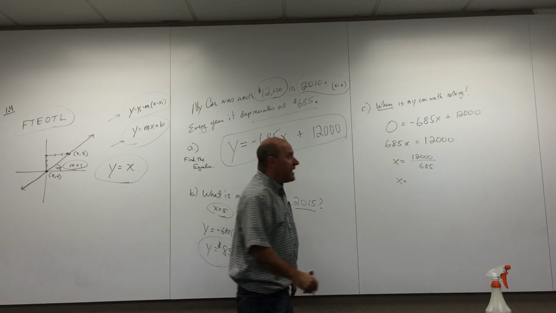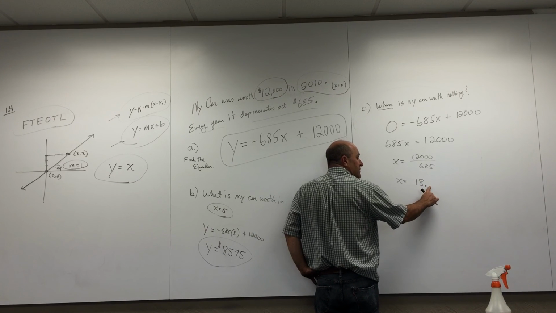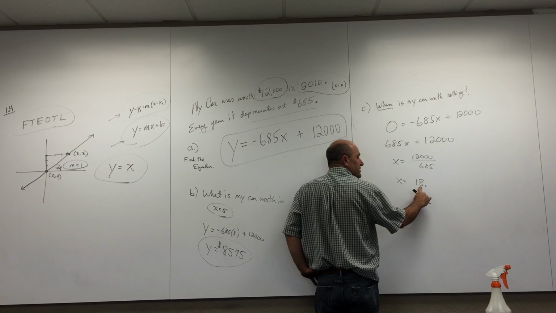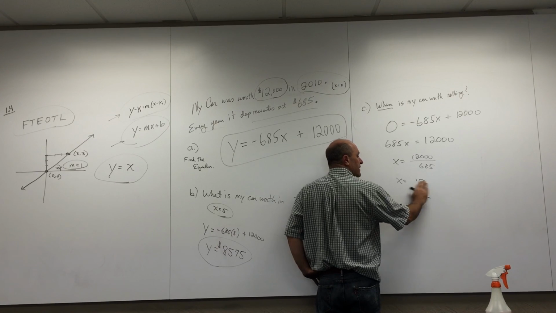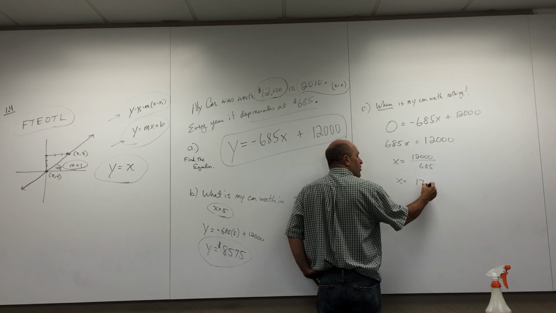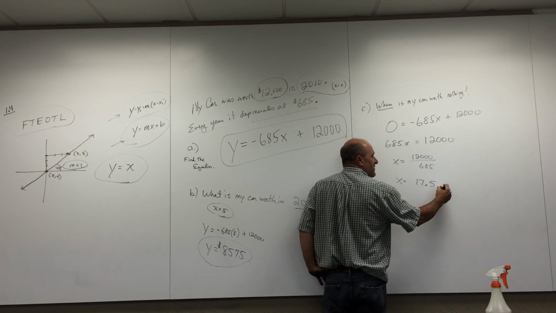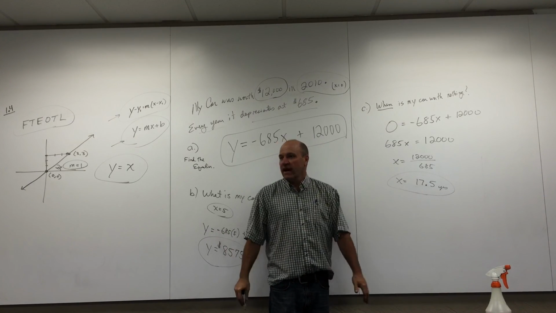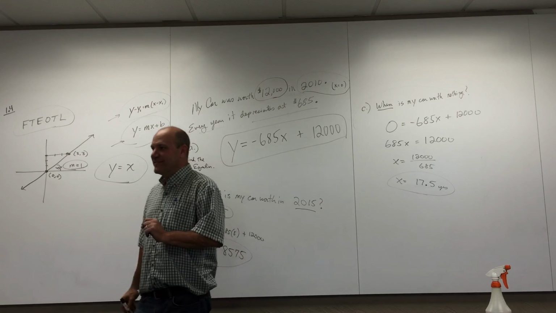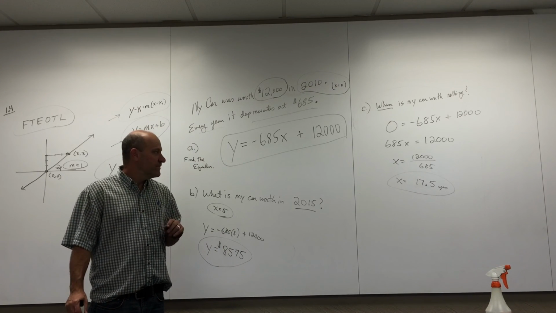Give me one decimal. Or is it 17? It's 17.5. Are you rounding that correctly? Yes. Okay, thank you. 17.5 years. I just might want tenths of a year to refine it a little bit. Then it's worth nothing.